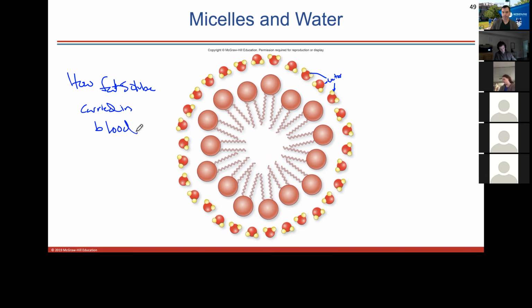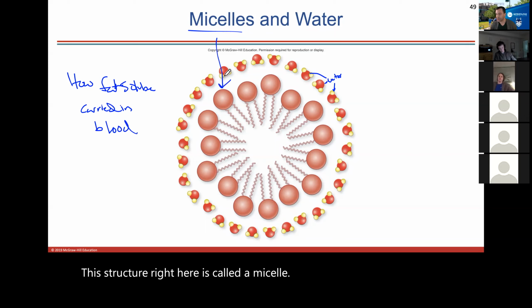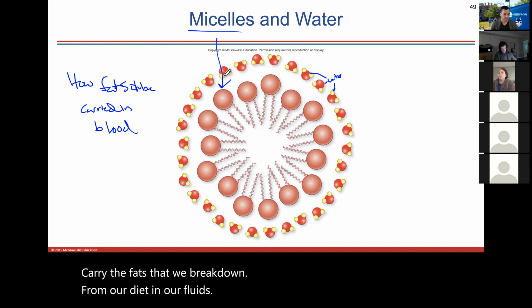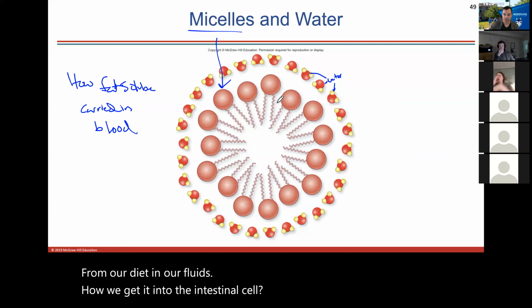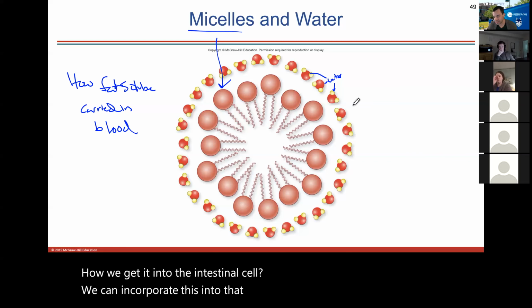This structure right here is called a micelle. And this is how we carry the fats that we break down from our diet in our fluids. It's how we get it into the intestinal cell. We can incorporate this into that phospholipid bilayer that makes up the cell membrane.